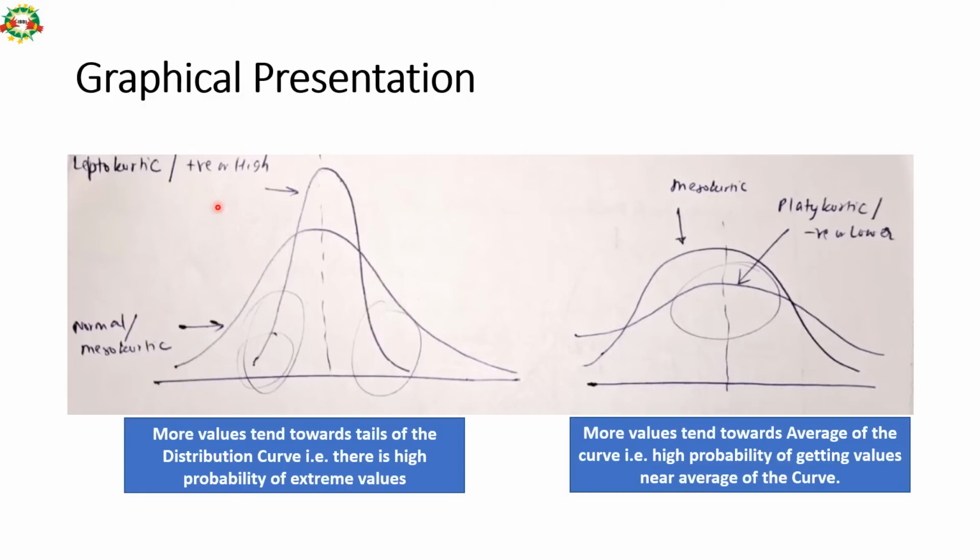So in the leptokurtic case, we get more values toward the tails of the distribution, so it has more area and a high probability of getting extreme values here. But here we have a high probability of getting values near the average of the curve. So if you remember these two things, that is adequate.